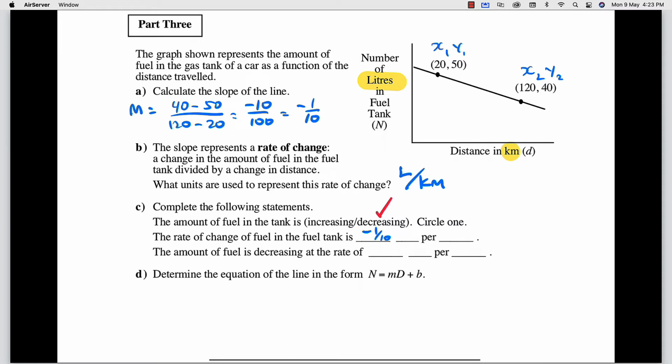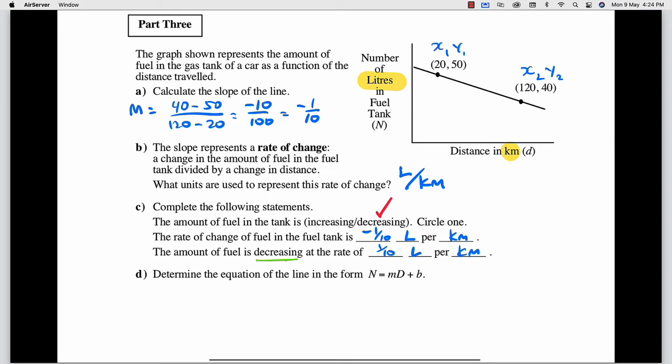And what do those represent? The liters per kilometer. And the next part is a little tricky and confusing, but because there's this word decreasing, that allows me to just put 1 over 10. So it's decreasing at 1 over 10 liters per kilometer.